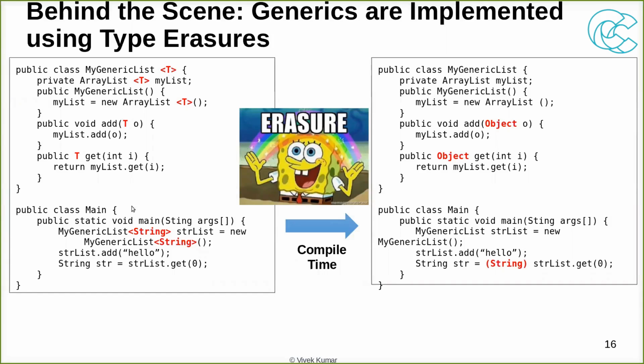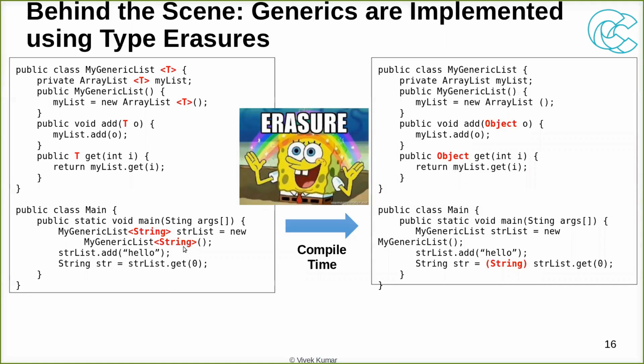So T is replaced by Object, which is a generic type, right? Object is the parent for all classes, so it can take in any type. In that sense, it has erased the specific type to a generic type, which is Object. Notice that wherever there is T, it has been replaced by Object.